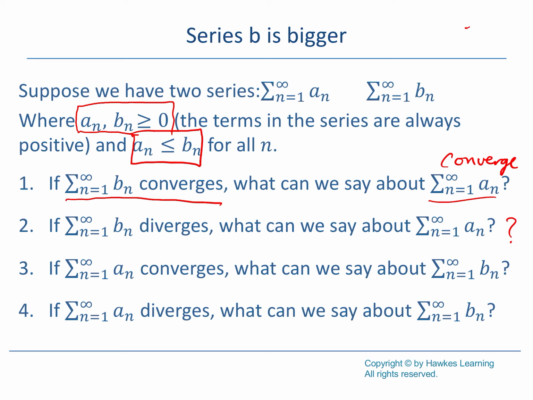Number three, if the small series converges, what can we say about the big series? Well, in that case, we don't really know whether the big series converges or diverges. It's bigger. That's really all we know. But if we get down here and we know that the smaller series diverges, can we say that the bigger series diverges as well? Yes.